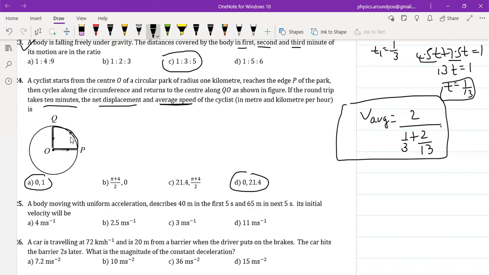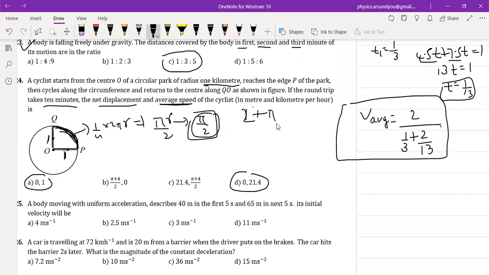Total distance traveled: you see, this is 1/4 the circumference of a circle. So 1/4 circumference of the circle would be pi r by 2, where r, the radius of the circle, is 1 kilometer. So this distance is pi by 2 kilometers. And we very well know when the distances add up, 1, 1, and this, it will always be an irrational number, because total distance traveled would be 1 plus 1, which is 2, plus pi by 2.